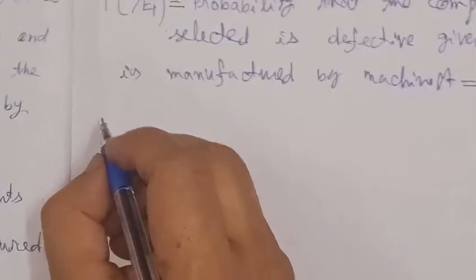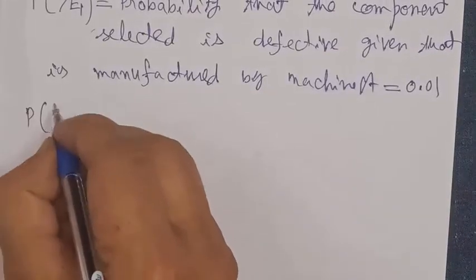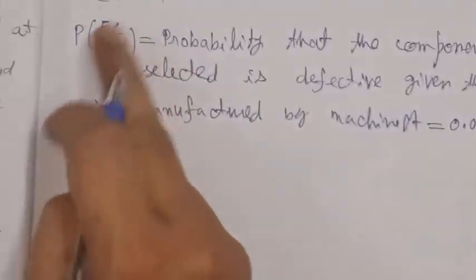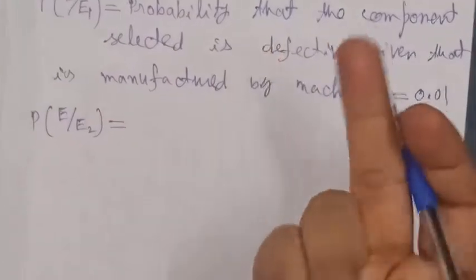Similarly, we can find P(E/E2). These probabilities will be used in Bayes theorem.